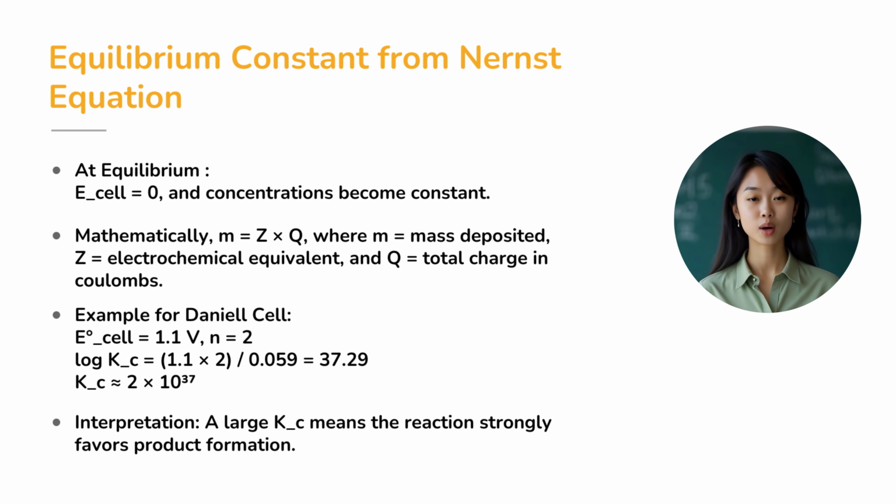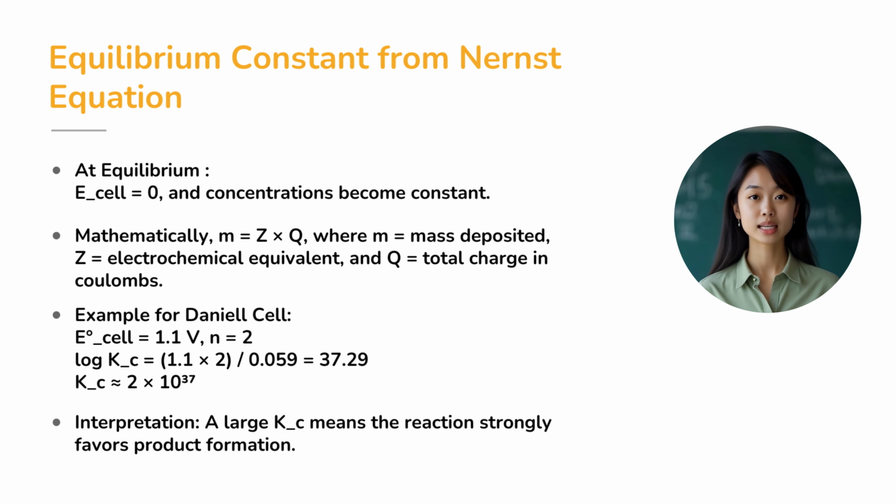Multiply 1.1 by 2 and divide by 0.059, you get a value of about 37.3. That means the equilibrium constant is roughly 2 multiplied by 10 raised to the power 37, a huge number, indicating that the reaction goes almost completely to the right.